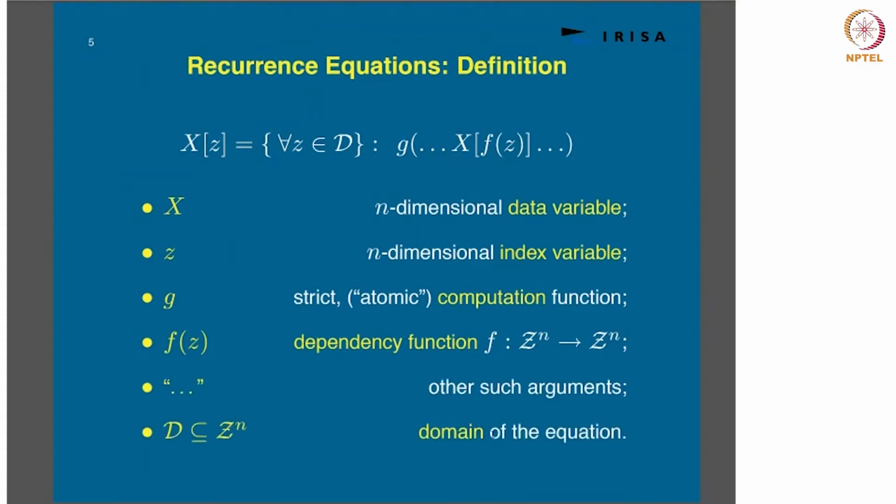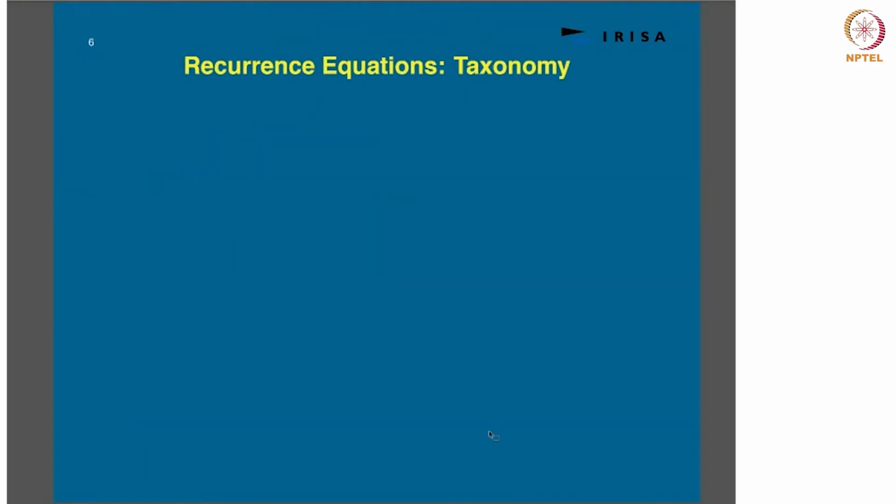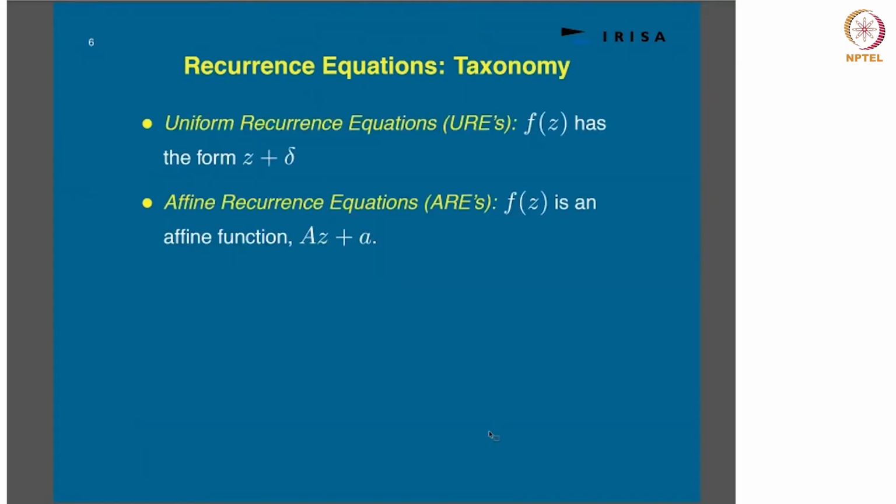All right. Now I'm going to extend this slightly, and I say that basically uniform equations are the ones where f(z) is some translation, and affine recurrence equations, which is basically all the class of polyhedral programs, are defined by affine recurrence equations, where the dependence itself, the function f, is some linear function of z plus constant, okay?